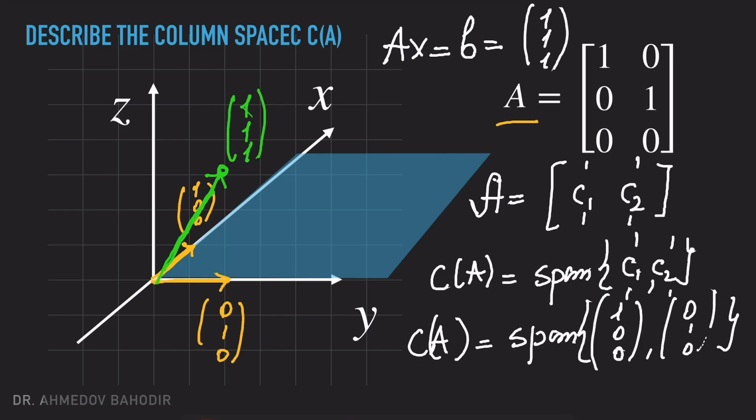And you see, this vector is outside the plane. So no matter how you combine these two vectors on the xy plane, you will never reach that green vector. You cannot get out of the plane. That is why the system has no solution. So this is essentially what the column space is, and this is how we can understand the solvability of a system of linear equations by constructing and describing the column spaces of the matrix A.